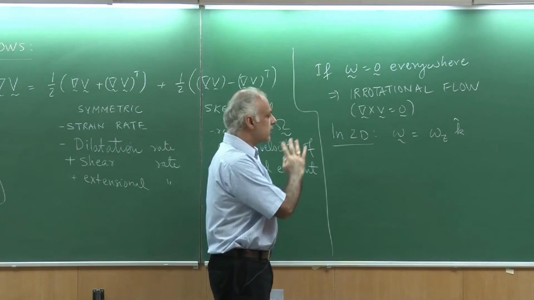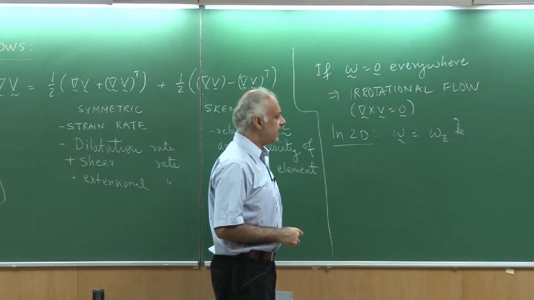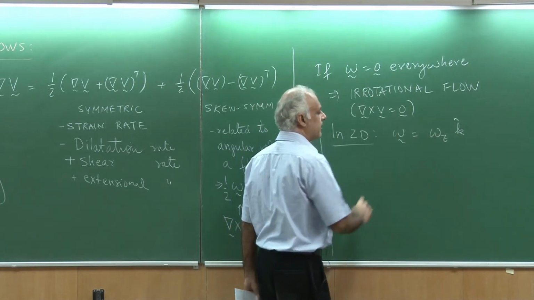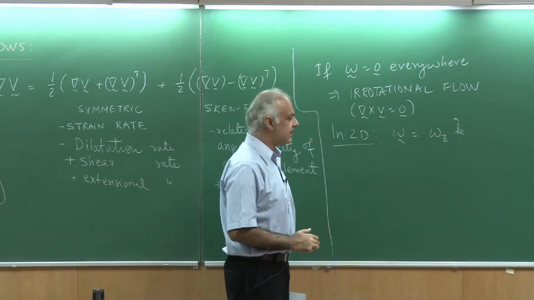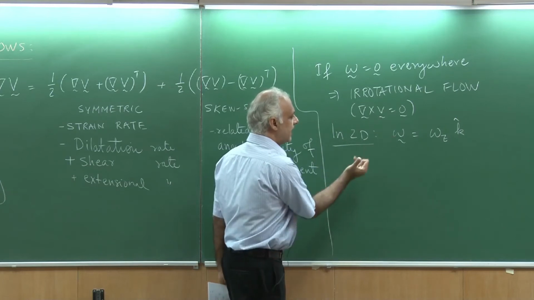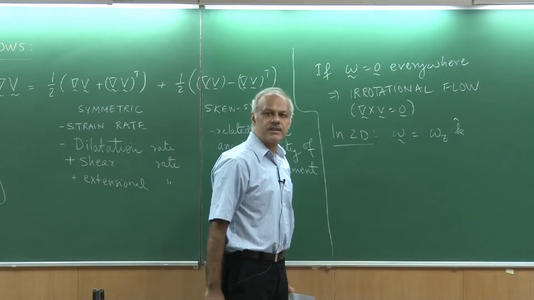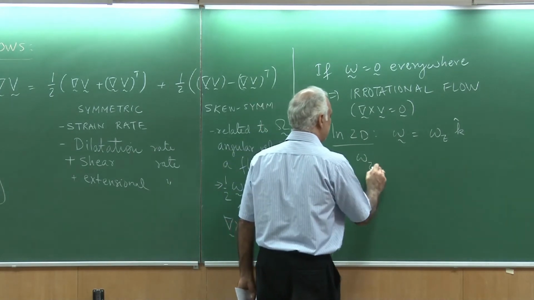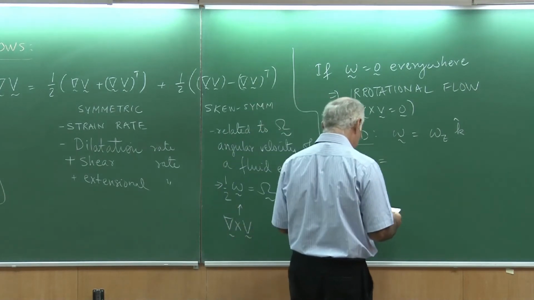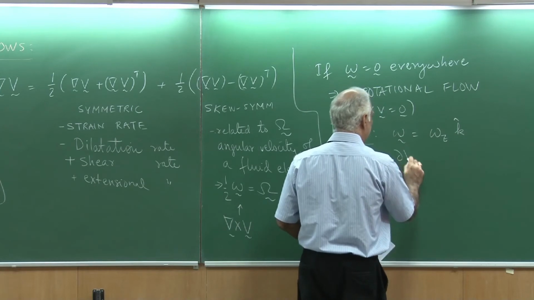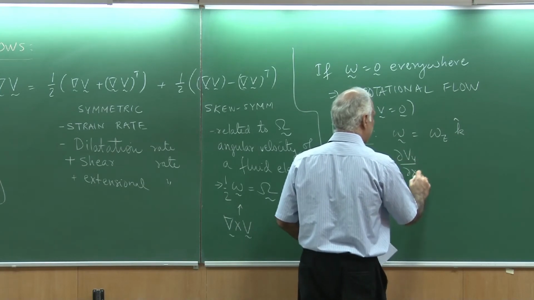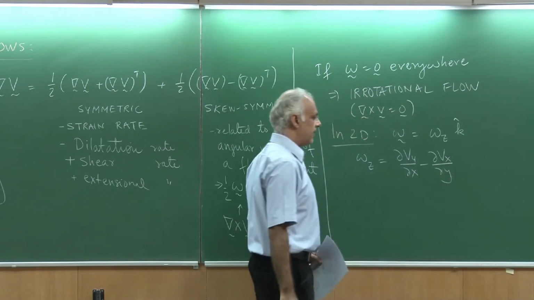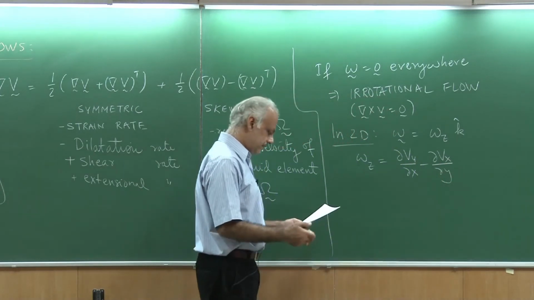So, if I have a two-dimensional plane, then the vorticity vector can be represented by simply a scalar, and if this is my plane, then it points outward in the k direction. How is that given? So, omega z, if you remember, was del V y by del x minus del V x by del y.